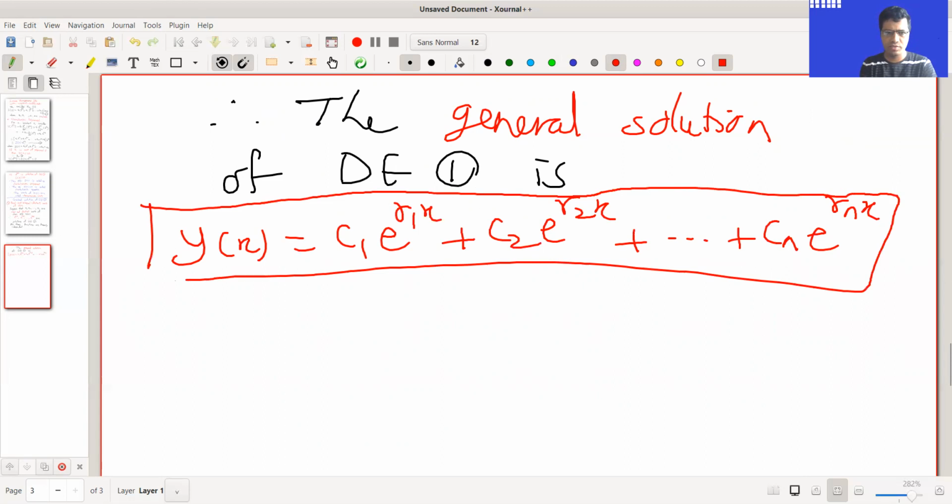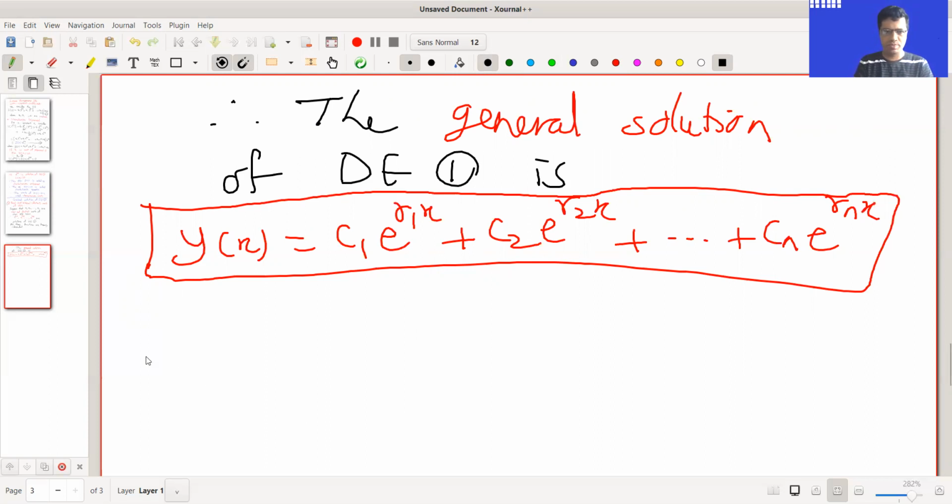So when we have real distinct roots of the characteristic polynomial, say r1, r2, and so on, rn, the general solution of the given linear differential equation L of y equal to 0 is c1 e raised to r1 x plus c2 e raised to r2 x, and so on, plus cn e raised to rn x.